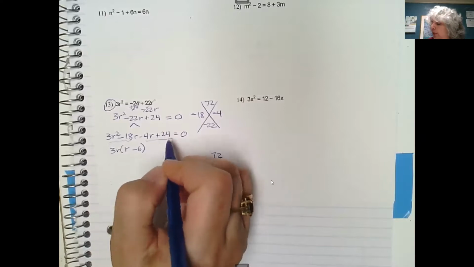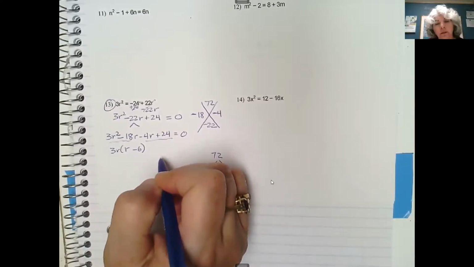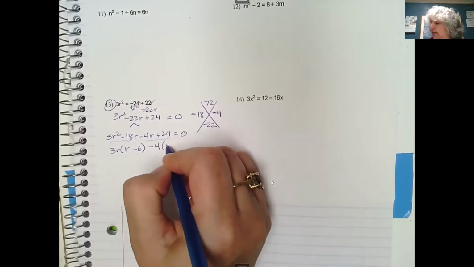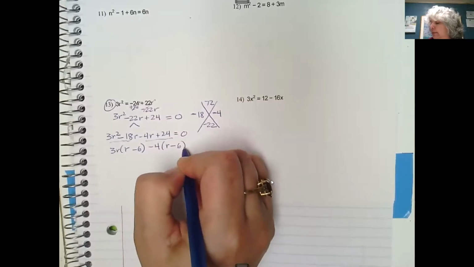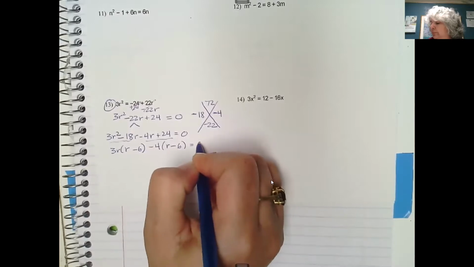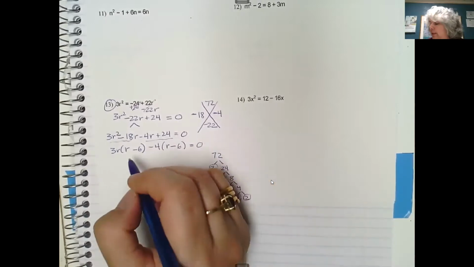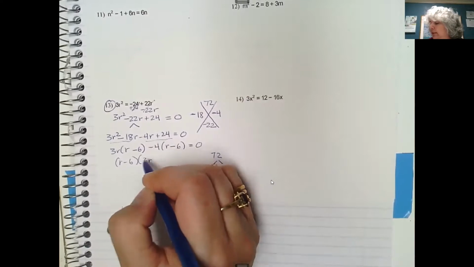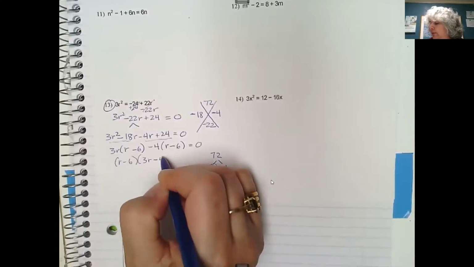Over here, I'm going to factor out what's common. And notice this is negative again, so I'm going to factor out a negative 4. That leaves me with r minus 6. So that r minus 6 is common. R minus 6 comes down, and what's left is the 3r and the minus 4.